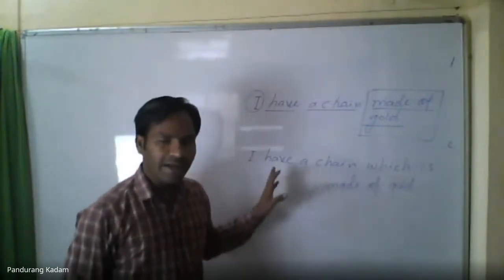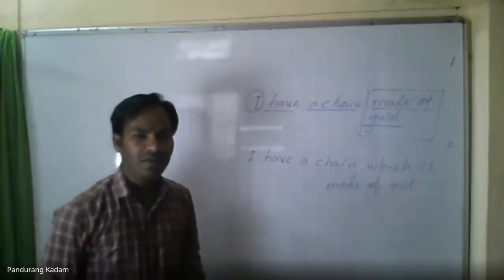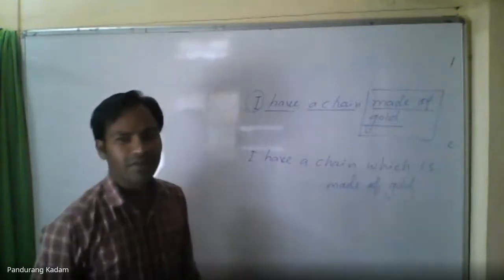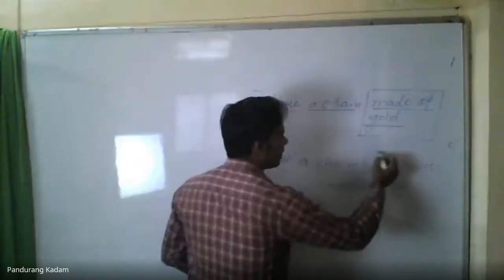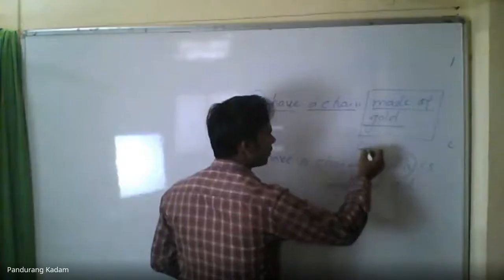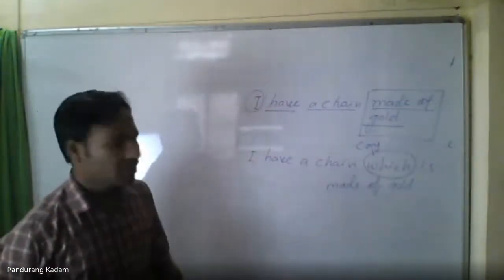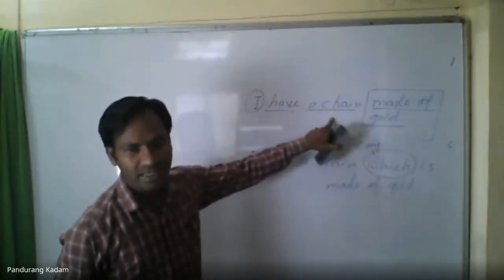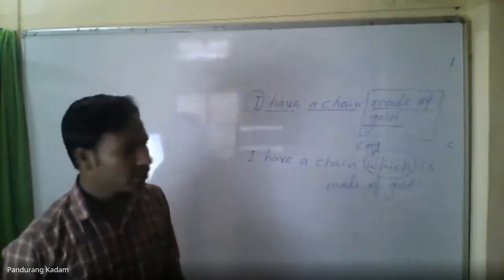When we compare these two sentences, what is the visible difference you notice in both of the sentences? Yes, very good. Here you will find which is a conjunction. This is a subordinating conjunction. In the phrase sentence, we do not find any conjunction, but in the clause sentence, there is a conjunction.